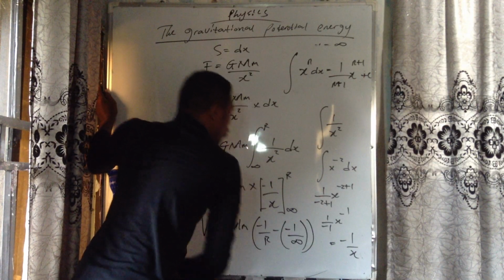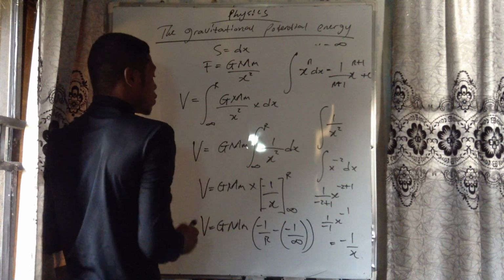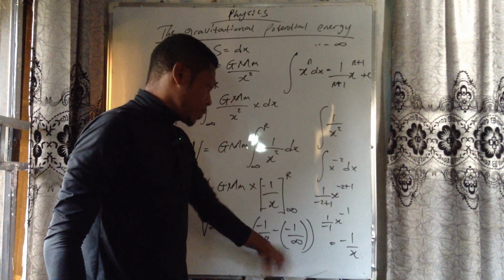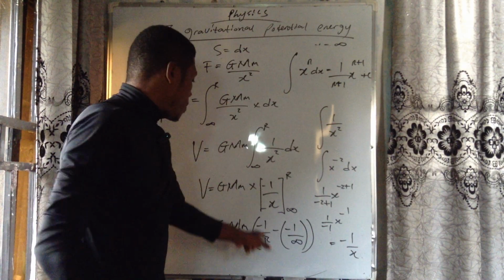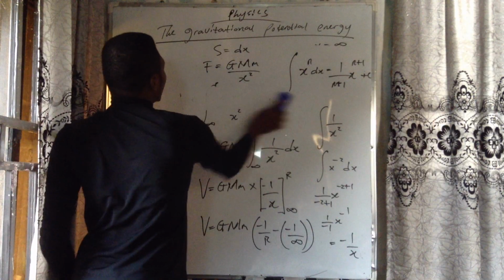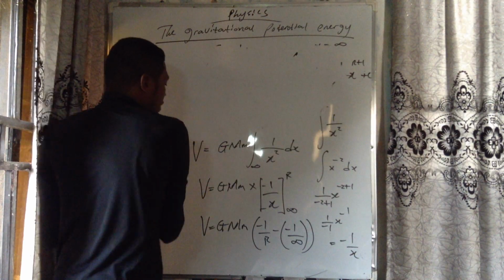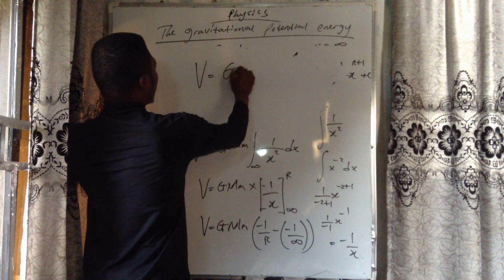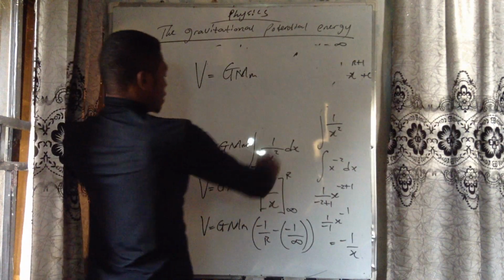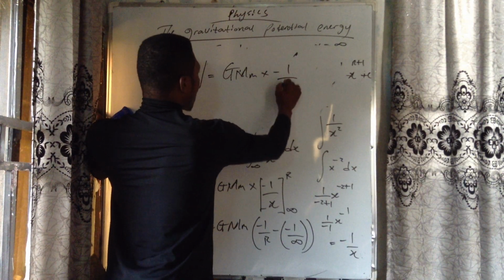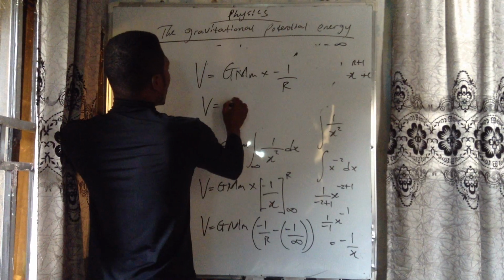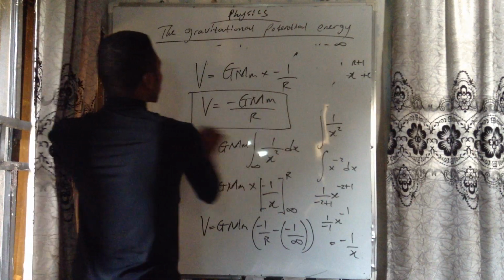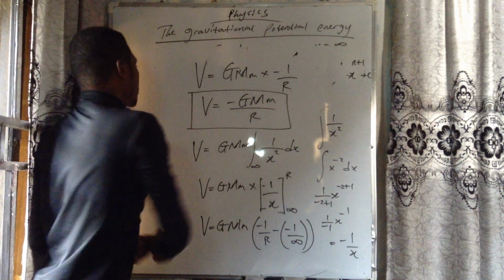Remember that minus 1 over infinity is equal to 0, so that term gives 0, remaining minus 1 over r. Finally, we obtain that V is equal to GMm times minus 1 over r. So the formula becomes minus GMm over r. This is the formula for gravitational potential energy.